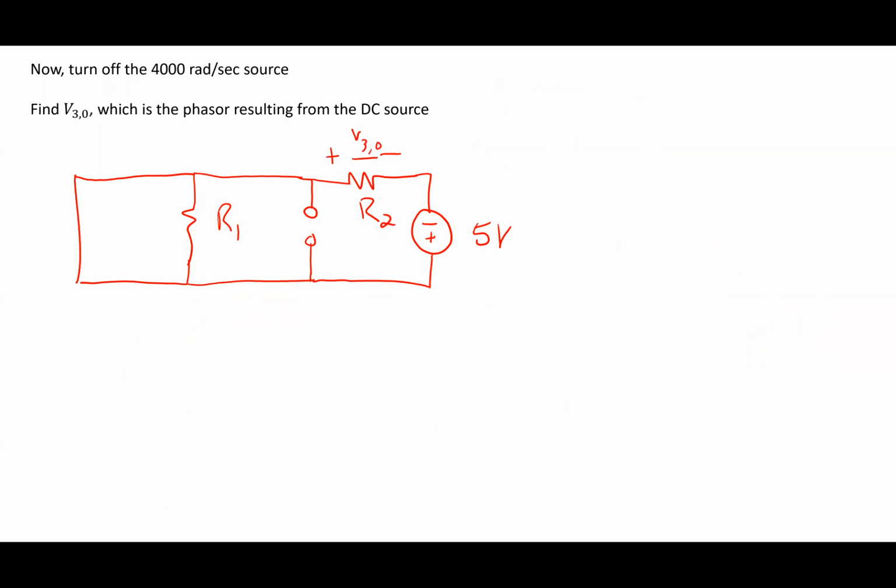All right, now I can simplify that circuit too a little bit. It's already pretty simple. But what's true about R1? Yeah, so I have 0 ohms in parallel with R1, right? So 0 in parallel with anything is what? 0, okay? And again, think about how much current can be going through that thing. Zero current can be going through R1 because I got 0 volts across it. Okay. So basically, how does the circuit simplify?